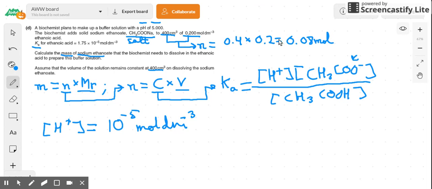We know the concentration of the acid, which is 0.2, and we know the Ka, so we can find out the concentration of salt.